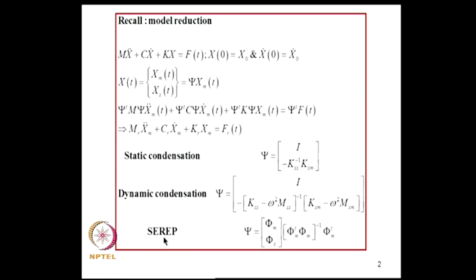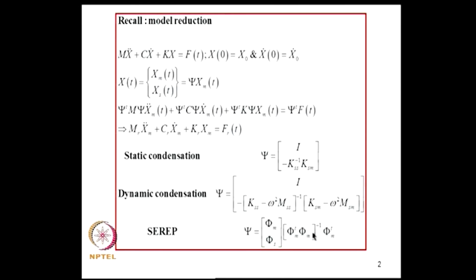Now, in a third method, that is system equivalent reduction expansion process, the psi matrix is constructed from the modal matrix of the larger system. Not all modes need to be evaluated; if we include the first p modes, the modal matrix will be a rectangular matrix. Now, the transformation matrix is synthesized from the partitioning of the available modal information, and this is the psi matrix that is obtained here.